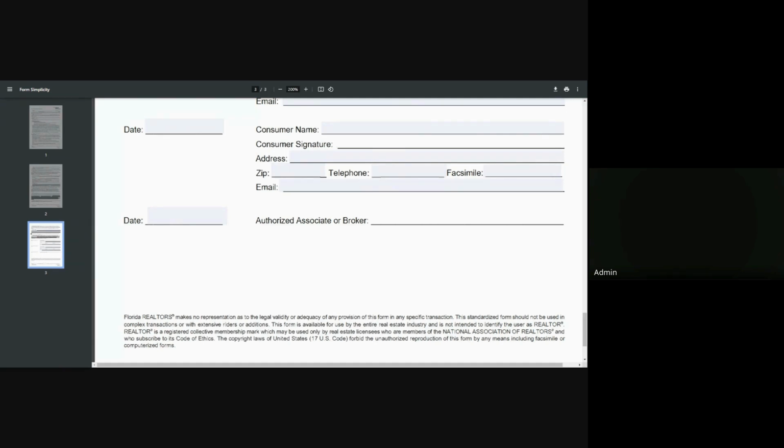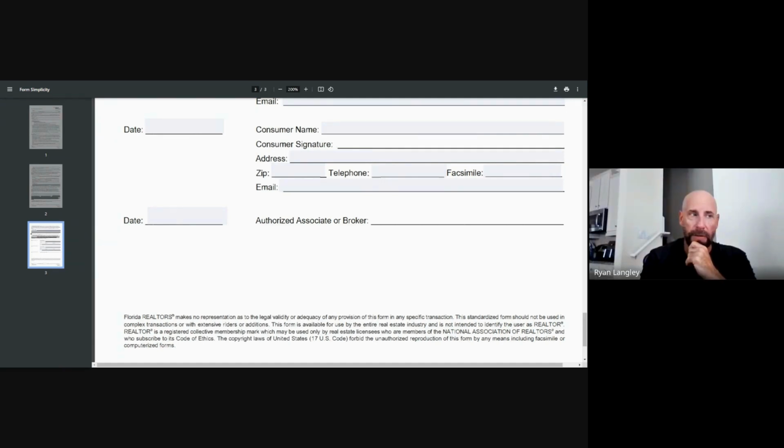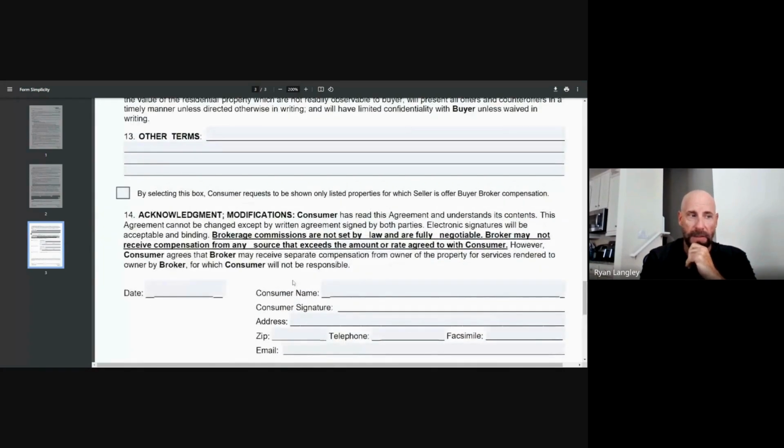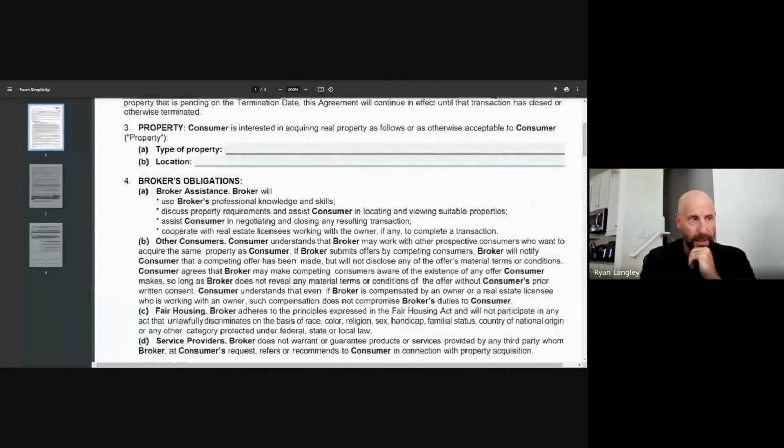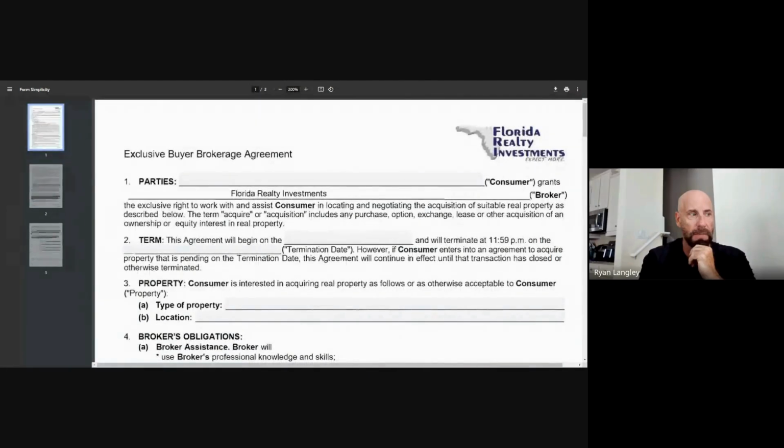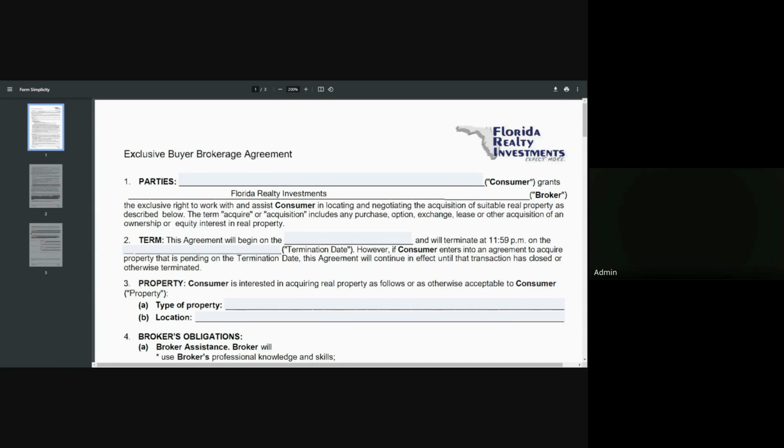Well, you can always enter a new agreement with him. It's whether or not he's free to enter an agreement. And if he is still under the time frame, it doesn't matter that the house canceled. On number 2 here, the agreement will begin on the blank and end on the blank. If he's still within that time period, he owes them money if he buys something else.